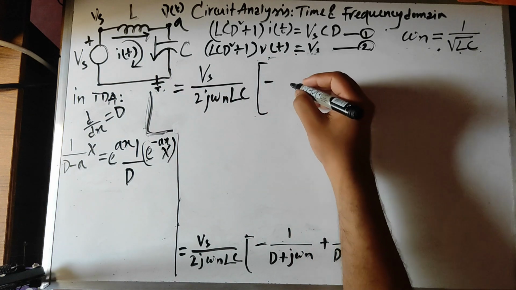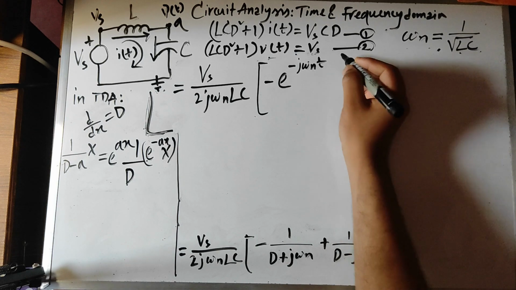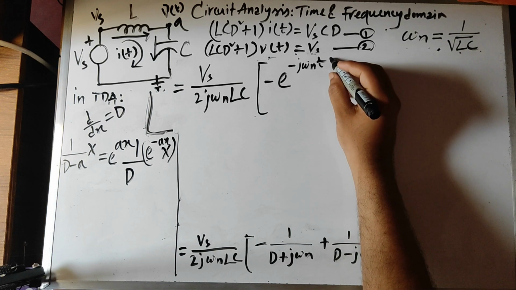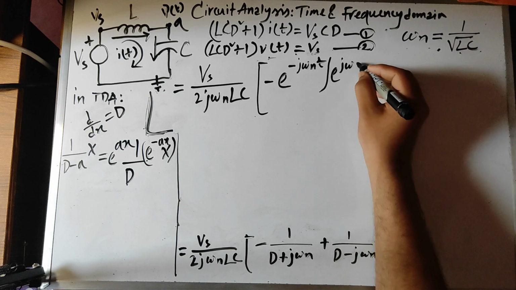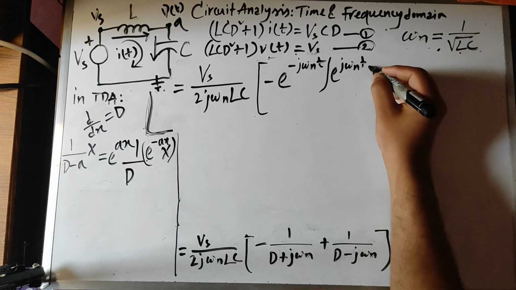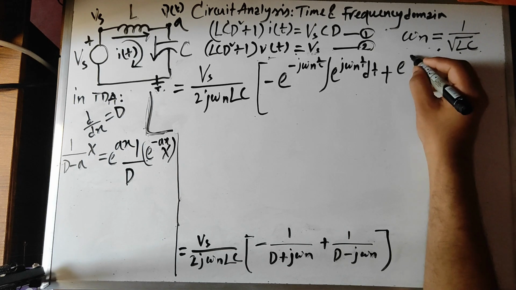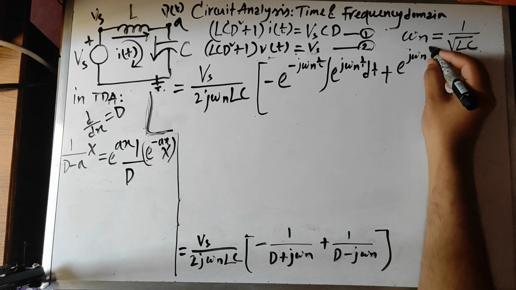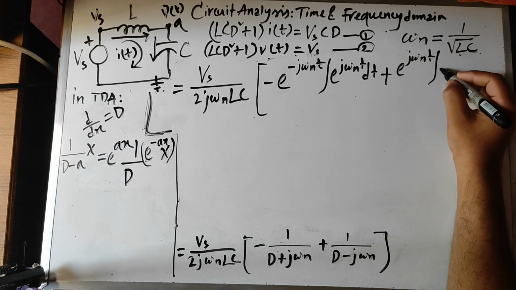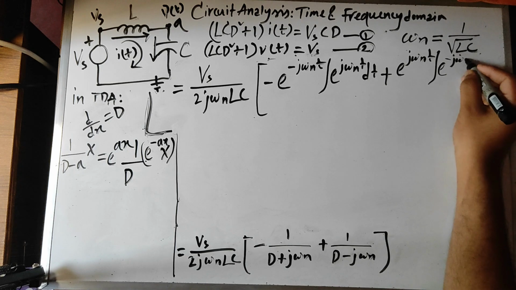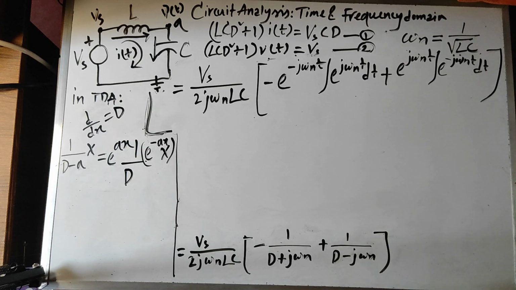So 1 by D is integration: minus e to the power minus j omega n t times the integral of e to the power j omega n t dt, plus e to the power j omega n t times the integral of e to the power minus j omega n t dt.